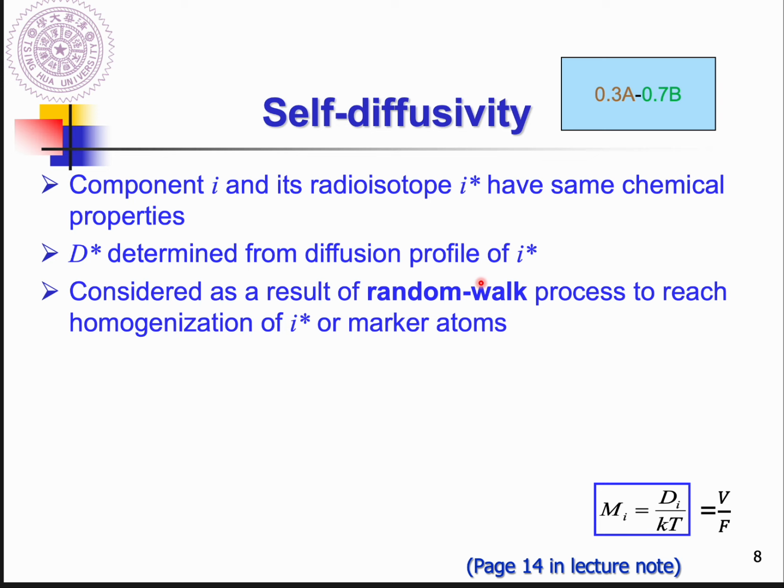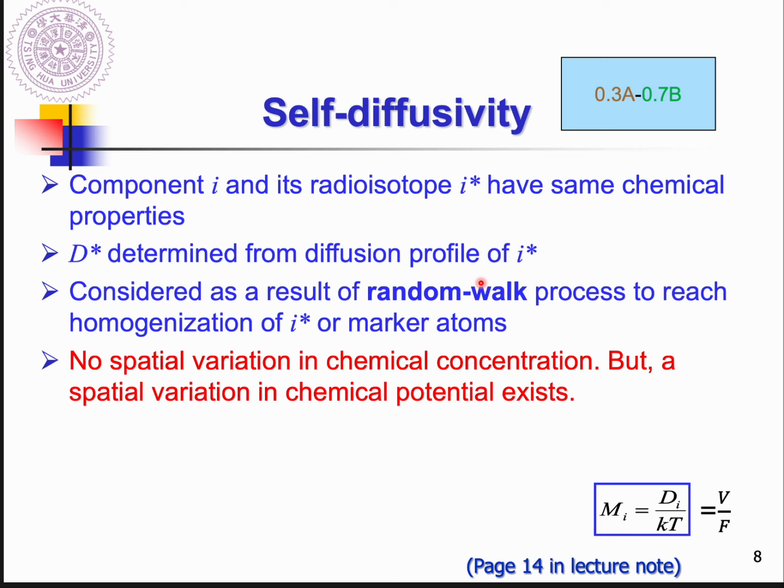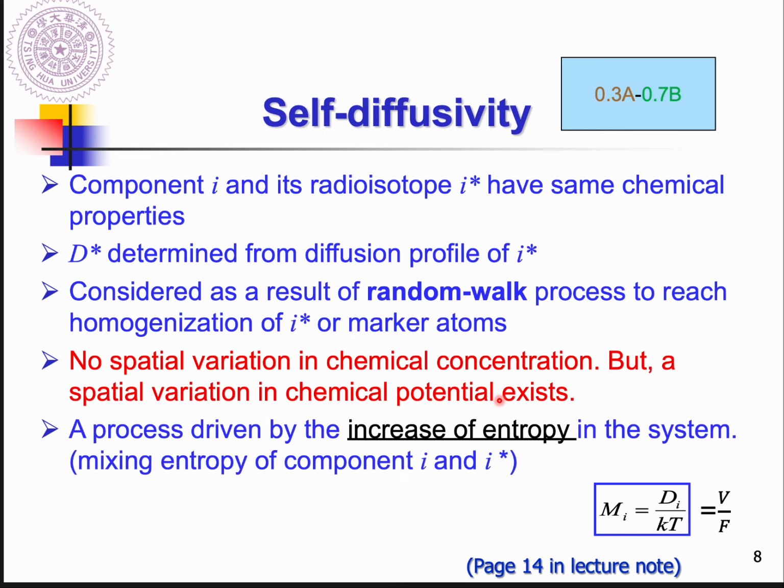So in this case, what is the driving force? Although there's no spatial variation in chemical concentration, I and I star are actually different in chemical potential. So there is a spatial variation in chemical potential. This serves as a driving force to drive the mixing between I and I star.